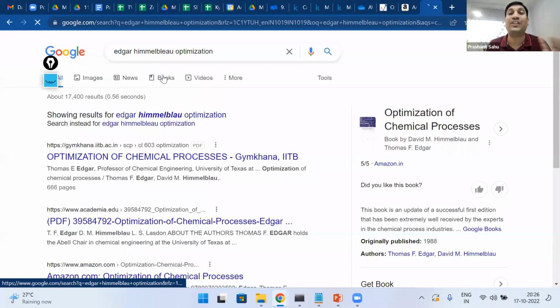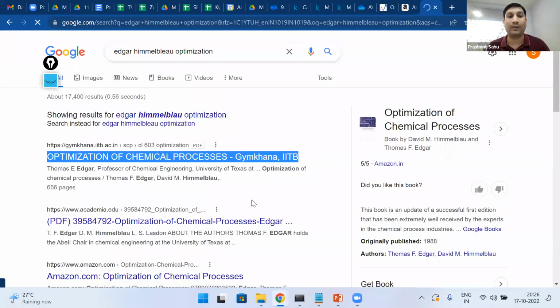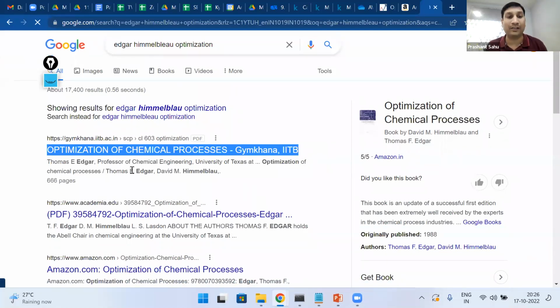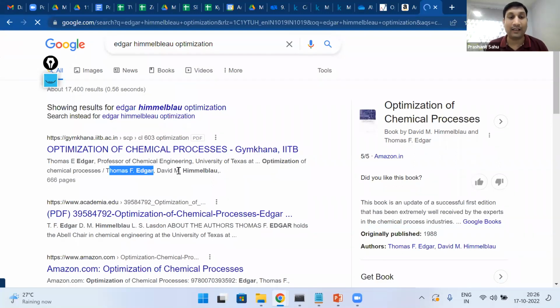They are pretty generic. Yes, you can easily get the PDF. This is the name of the book: Optimization of Chemical Processes by Thomas Edgar and David Himmelblau. You will easily get this book in your libraries if you're coming from an academic background.